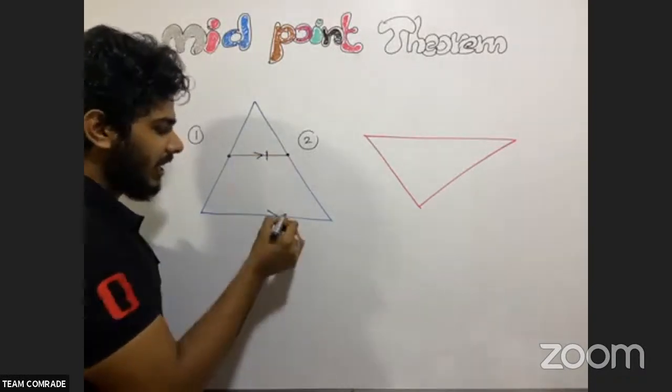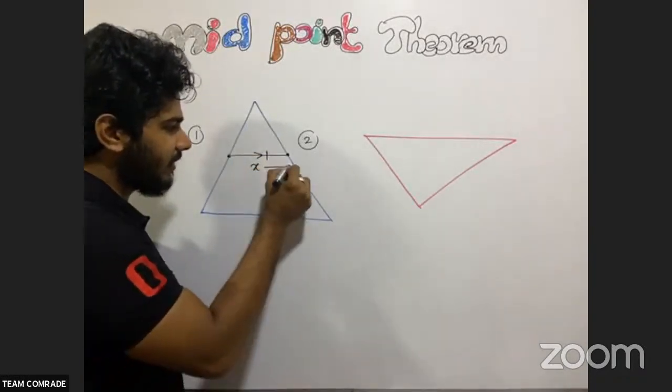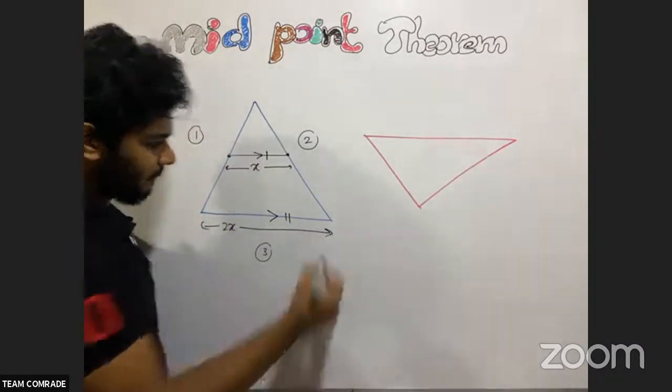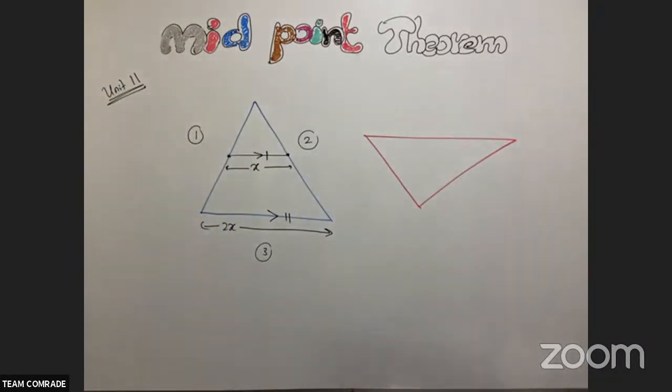That means if this length is x, the third side will be 2x.